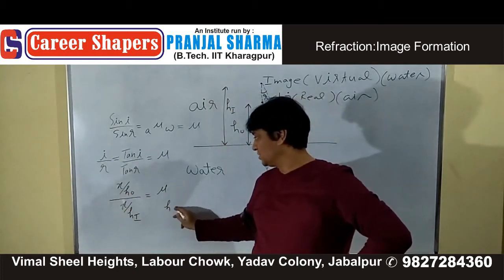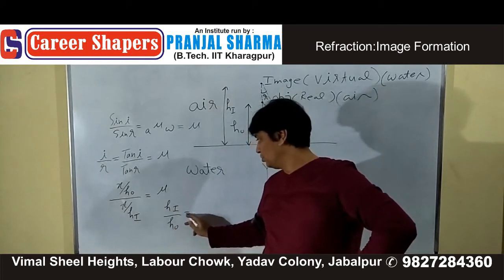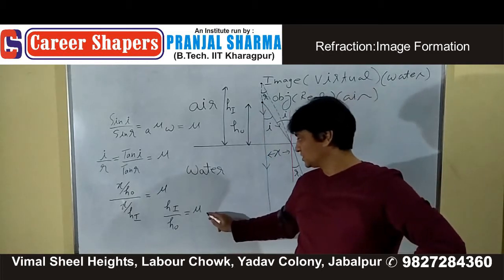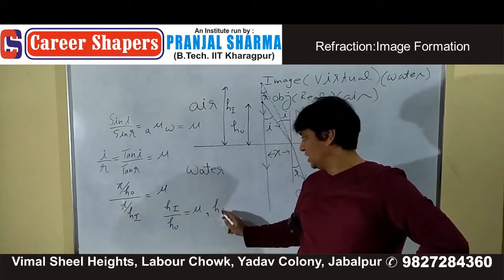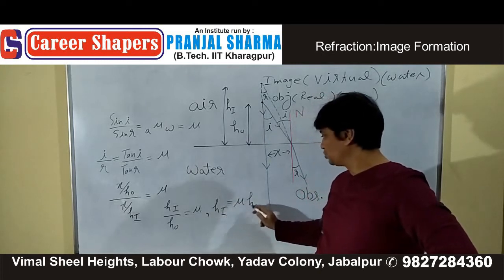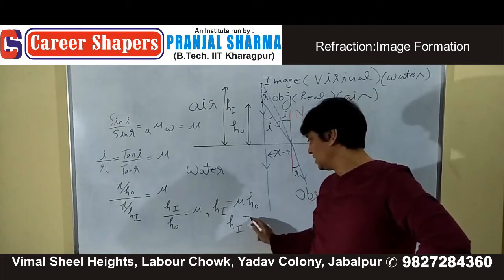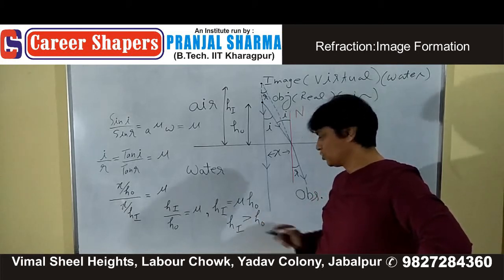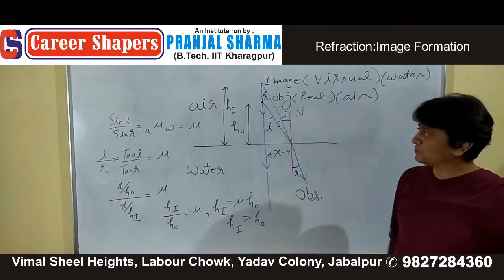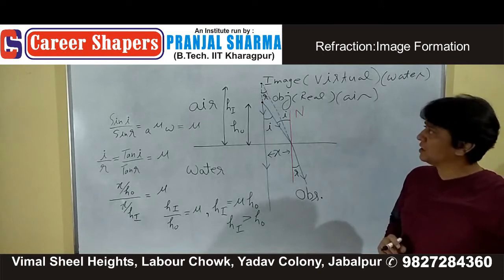This is HI divided by HO, which is mu, which gives us HI as mu times HO, which is correct in agreement with the observation. HI is greater than HO, because mu is greater than 1. That's how image formation takes place.